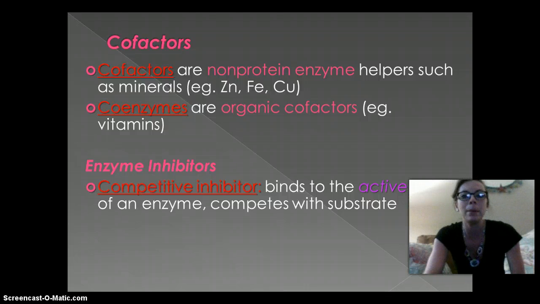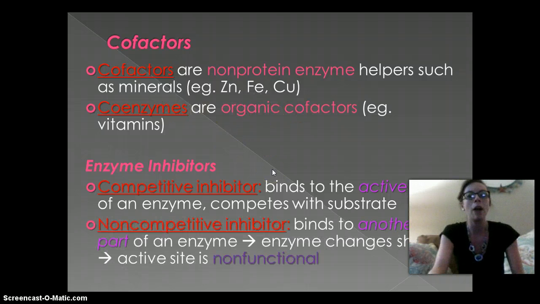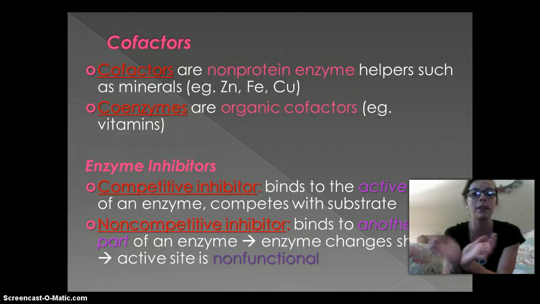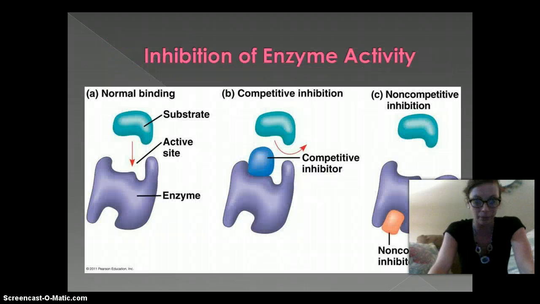So competitive inhibitors are going to actually bind to the active site and compete with the substrate, and non-competitive inhibitors are going to bind with another part of the enzyme, changing the shape of the enzyme and the active site, making it non-functional. So this is denaturing of the protein sometimes. Okay, so this is normal binding.